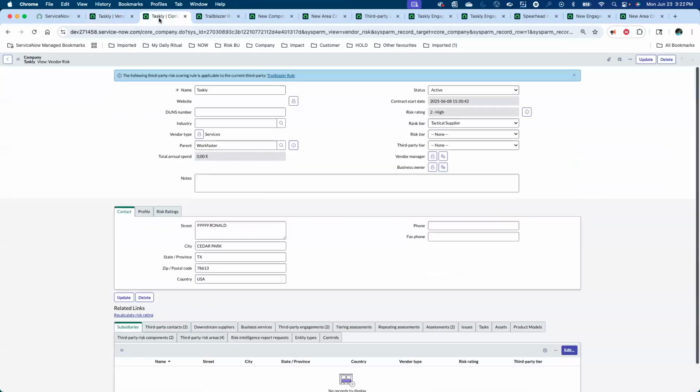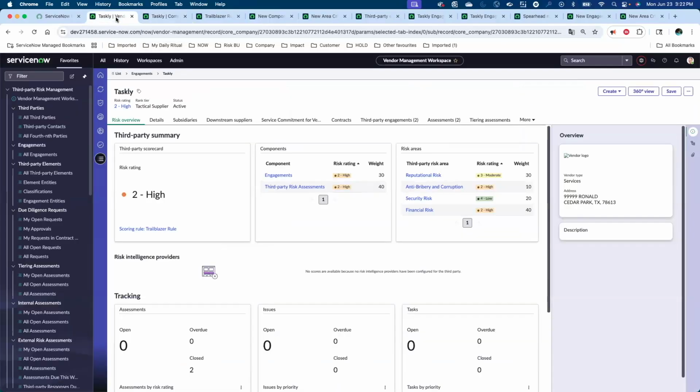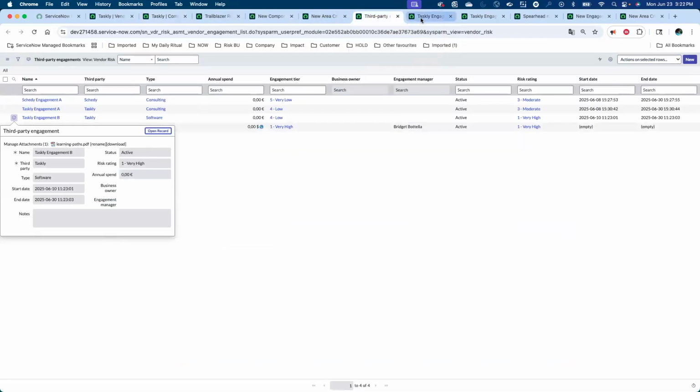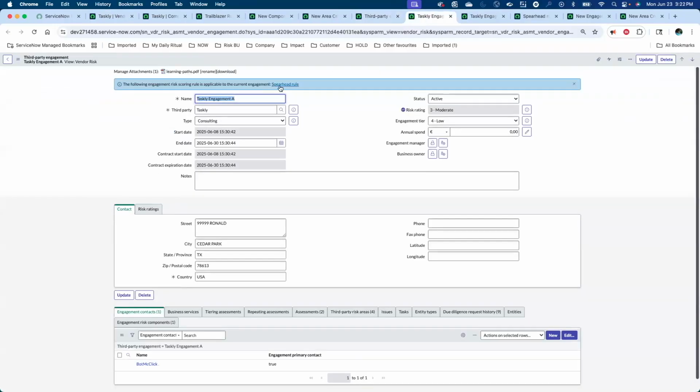Looking at the native Taskly record, I'm able to identify that the third-party risk rating rule applied here is the Trailblazer rule. Remember, Taskly has engagements as well. Taskly has two engagements, A and B. Engagement A uses the spearhead rule, which is the engagement risk rating rule.